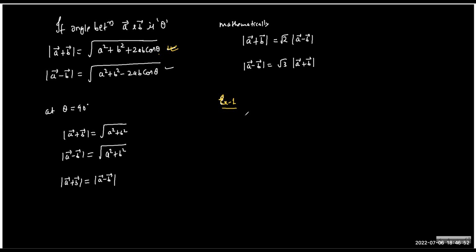Pi minus alpha? No. Alpha is the angle given. If alpha represents the angle between A and minus B, if the alpha is directly given, the resultant will be how much?